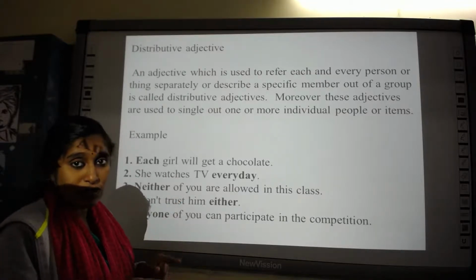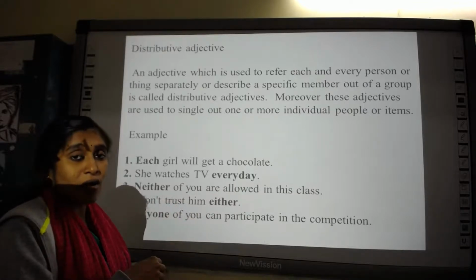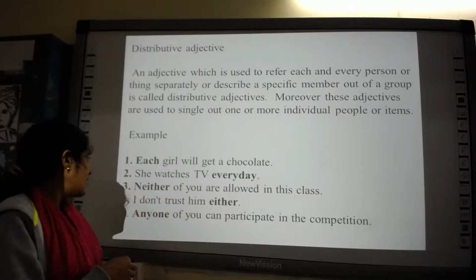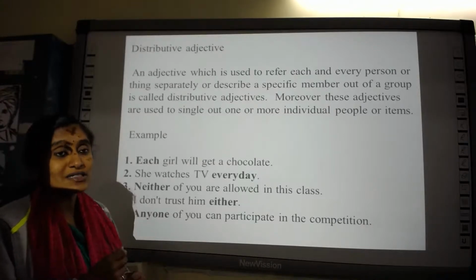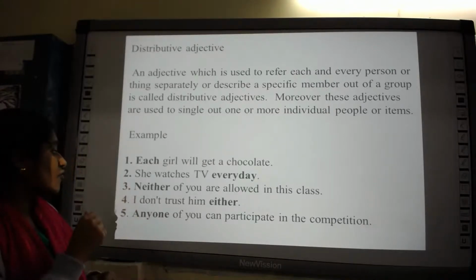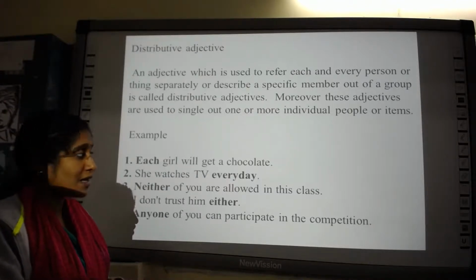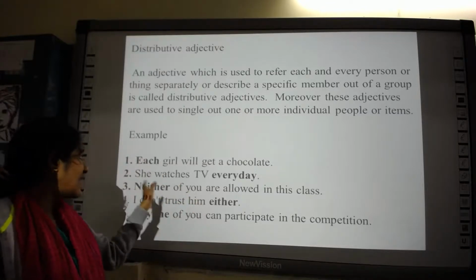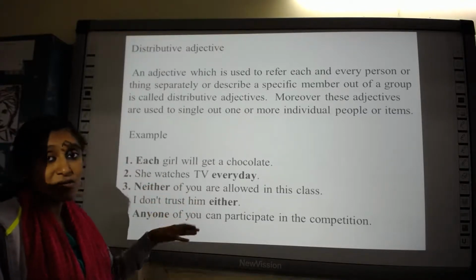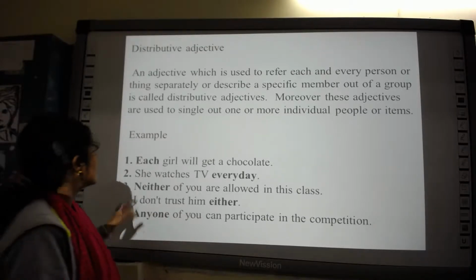Among the students in the class, two students are not allowed to get into the class. I don't trust him either. Any one of you can participate in the competition. Those who are willing can participate in the competition. So here each, every day, neither, either, anyone, etc. become the distributive adjectives.